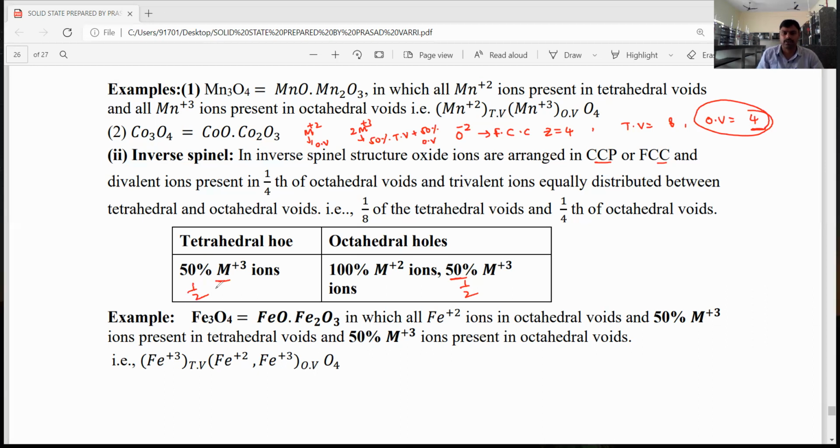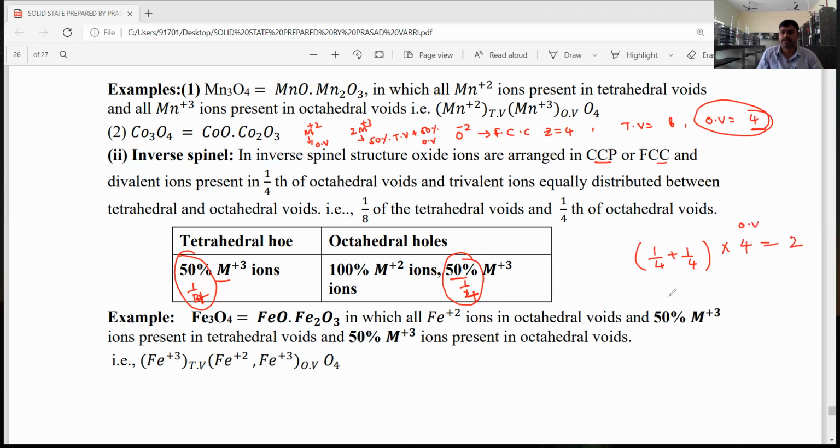So out of 4, here 1 only is present, meaning 1/4, and here 1/4 part. Then 1/4 plus 1/4 into octahedral voids is nothing but 2.